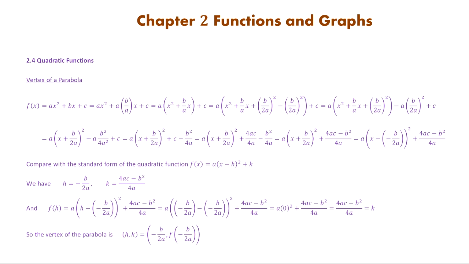And we just go one more step, rewriting x plus b over 2a as x minus negative b over 2a to match the standard form, which is a times x minus h squared plus k. If you remember, the standard form of the quadratic function is a times x minus h squared plus k.